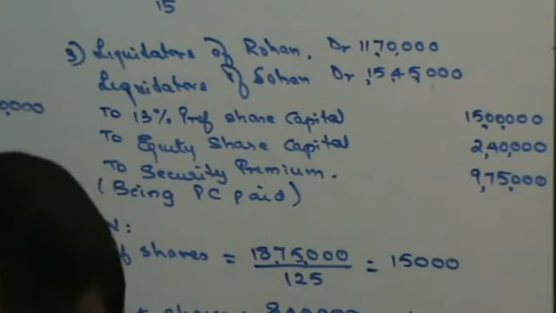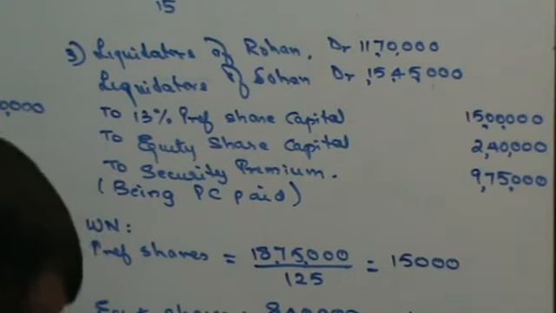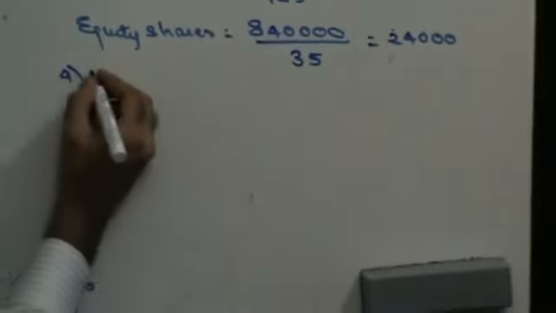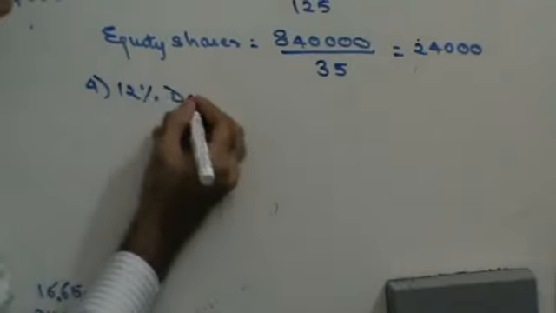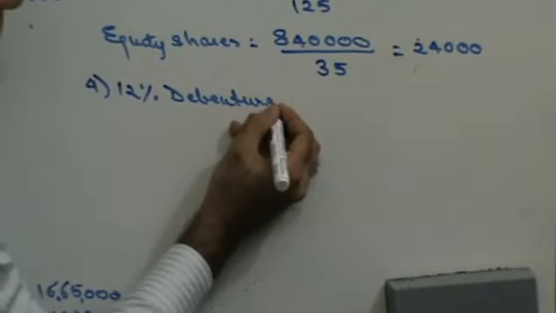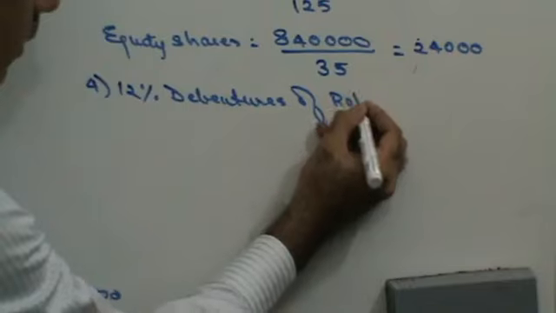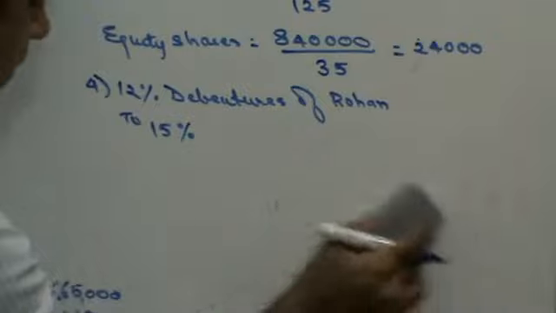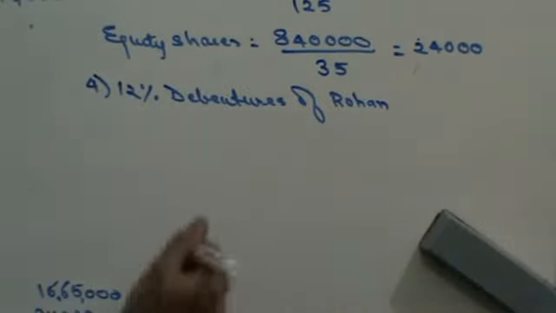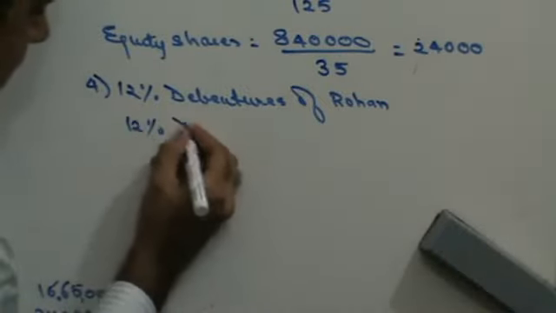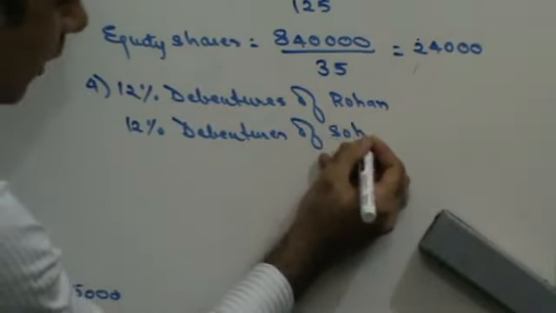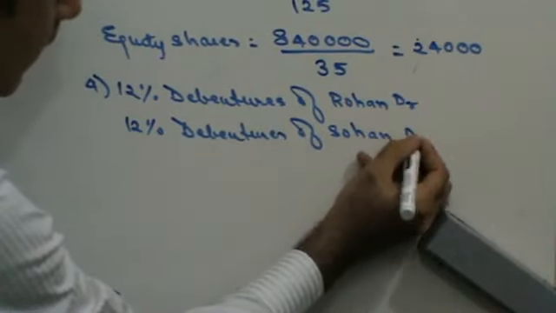Now, once you paid the purchase consideration, then you have to change the debentures, right? Debit what comes in. So you will have 12% debentures of Rohan, and you will take in the 12% debentures of Sohan also, debit.